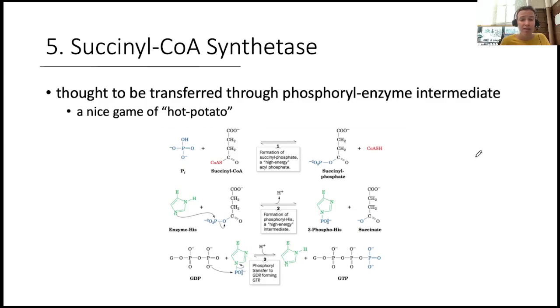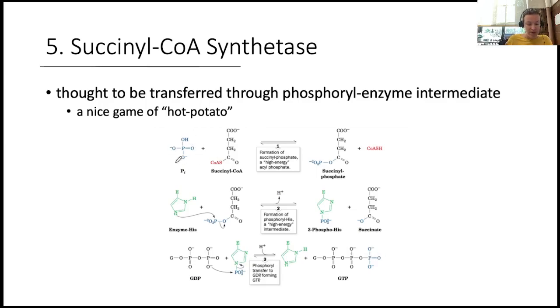This enzyme, I think, is kind of interesting because upon hydrolysis of the CoA, it converts that high energy bond into the formation of a high energy phosphoanhydride bond. And that phosphoanhydride bond is shuffled from one group to the next to eventually be used to synthesize GTP.